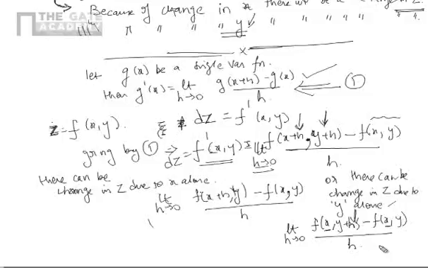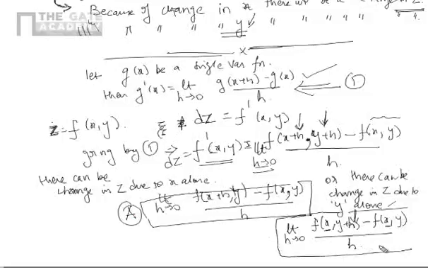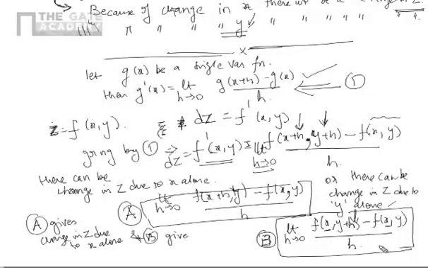So if I box this and call this as a, if I box this and call this one as b, a gives change in z due to x alone, and b gives change in z due to y alone.